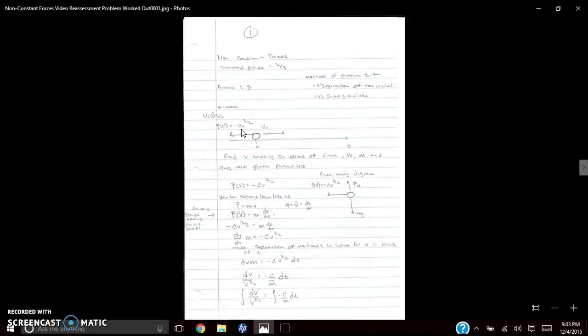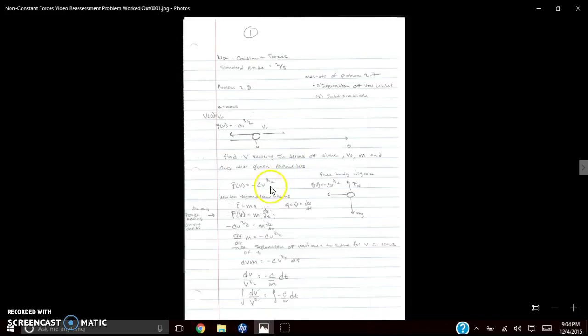The force depends on the mass's velocity, which makes it a non-constant force. Just like the problem asks, I'm trying to find velocity in terms of time and the other given parameters, which are v naught, m, and c.